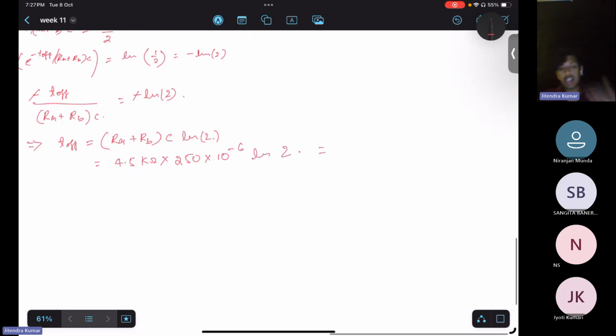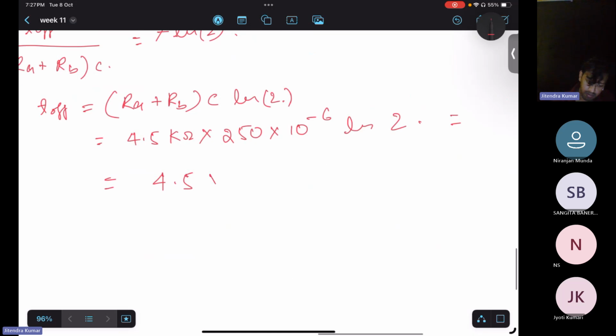So if you calculate it, how much you will get, please let me know. 4.5 into 0.25 is 1.125, into ln2.